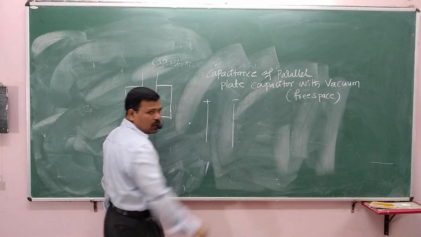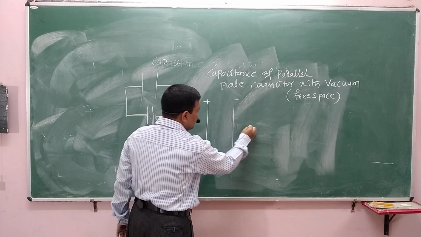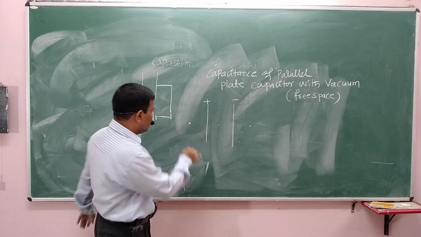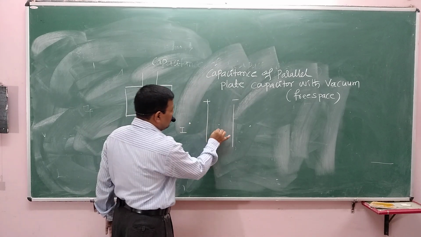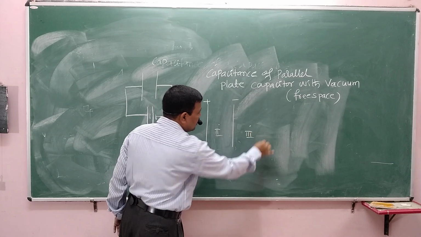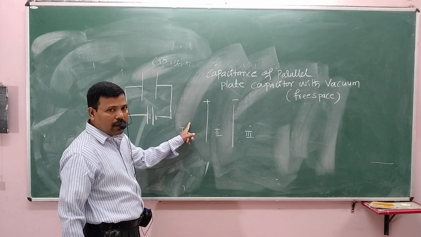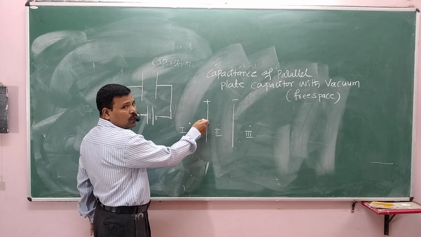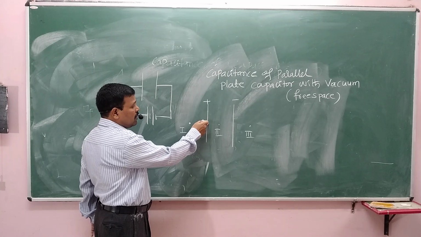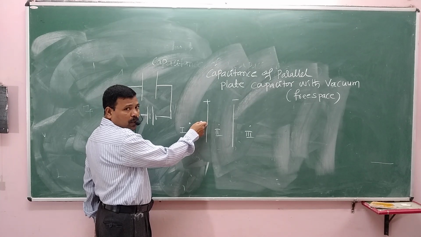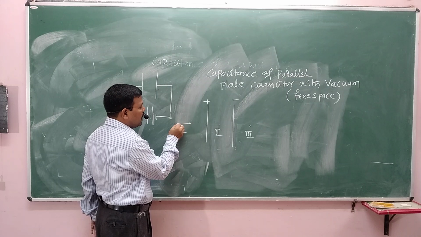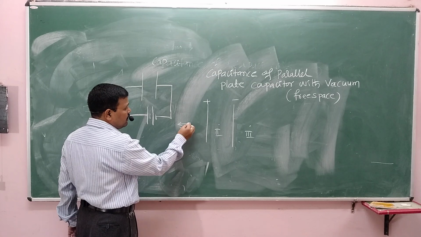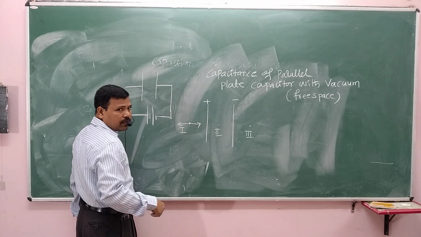This acquires negative charge. If you consider 3 points here, 1, 2, 3. Here, the direction of electric field due to this positively charged plate is radially outward, and due to this negatively charged plate is radially inward.